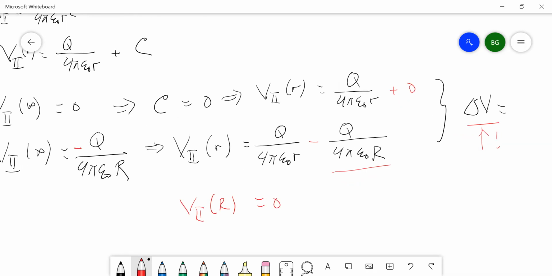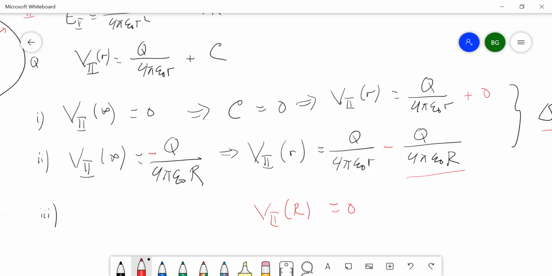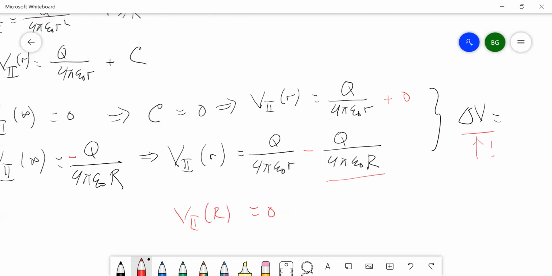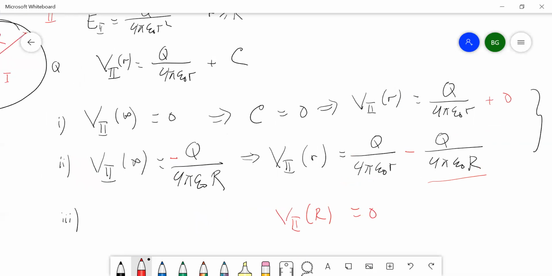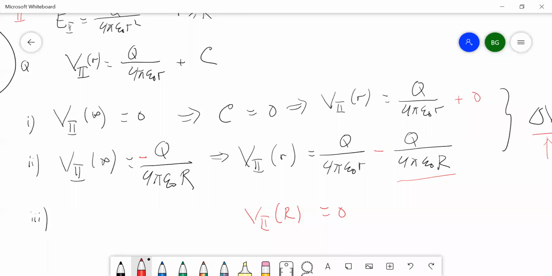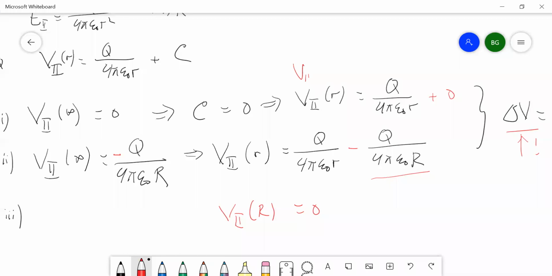But at infinity, they are negative. Okay. But this is in the second model. For V2 it is, for example, minus Q over 4 pi epsilon 0. For this one it is non-zero, this V2 at the surface.